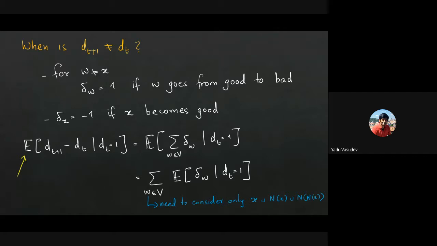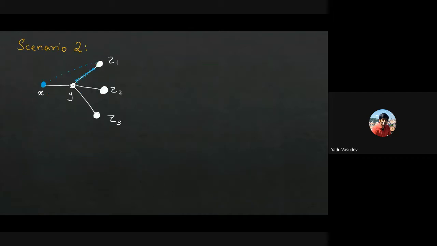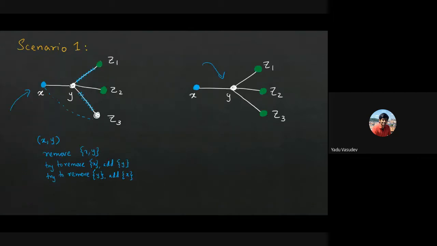So we can assume that these are not neighbors of x. Otherwise you look at the case where y has just one neighbor or something. Okay, I think that will work. Okay, sir. Yeah, that's a good point.